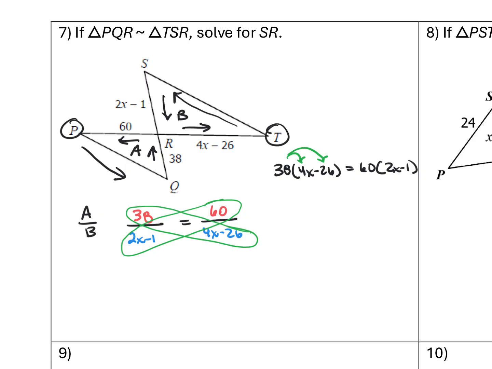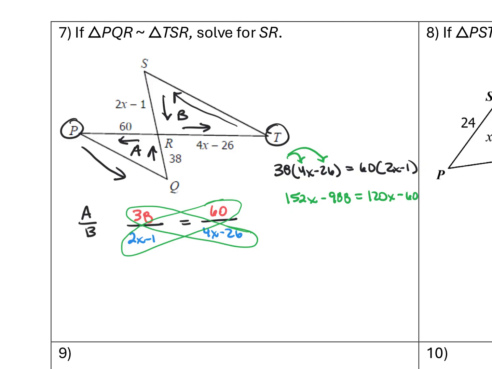So we're going to take 38 times 4, gives me 152x. 38 times 26 equals 988, so minus 988 is equal to 60 times 2 is 120x, and 60 times a negative 1 is negative 60.